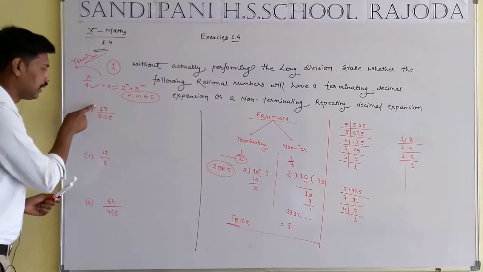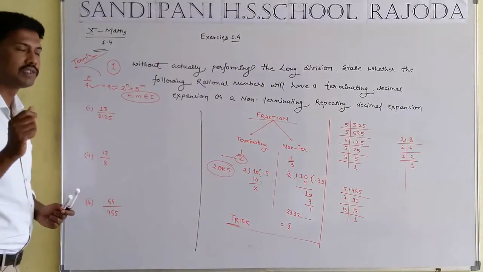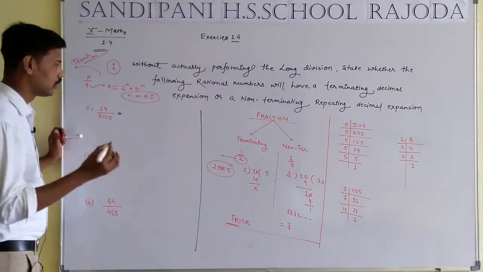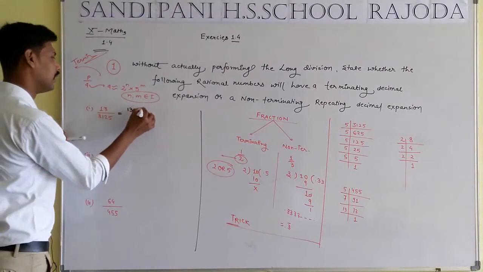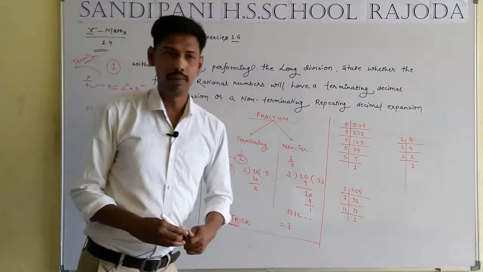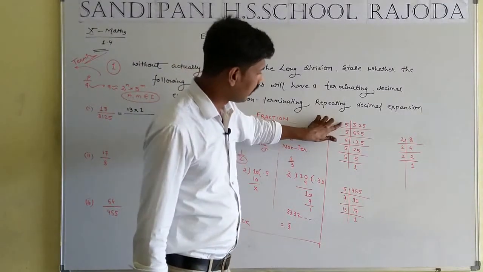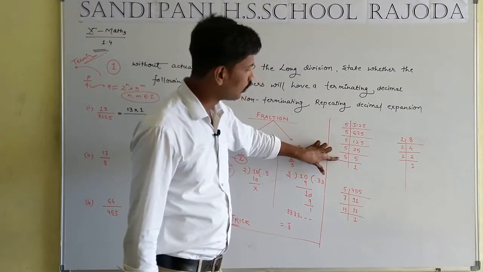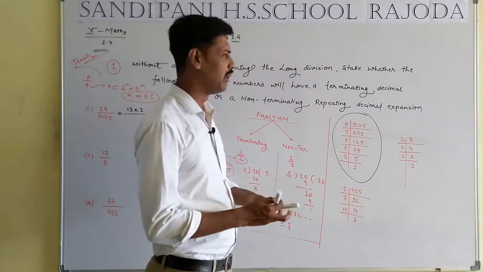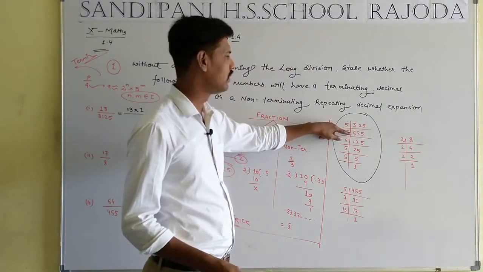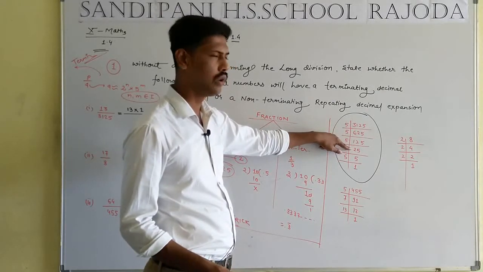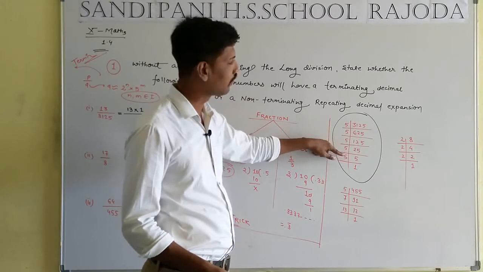Now 13 by 3125, what is the meaning of 13, students? 13 is a prime number, so the factors of 13 are 13 into 1. But in the case of 3125, the prime factorization: 3125 divided by 5 is 625, 625 divided by 5 is 125, 125 divided by 5 is 25, divided by 5 is 5, and 5 divided by 5 is 1.